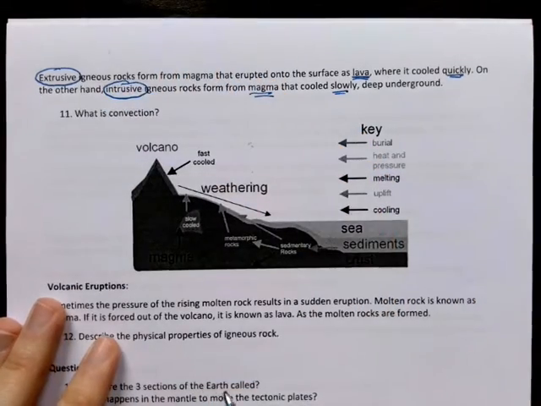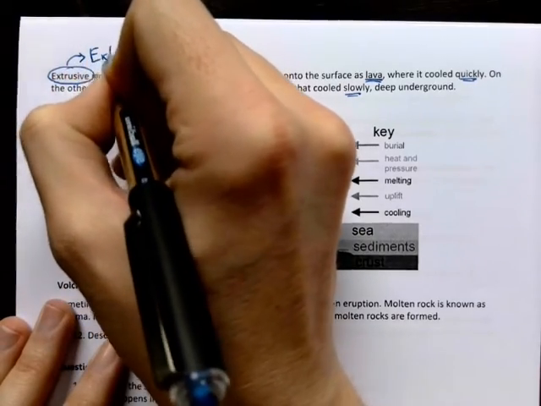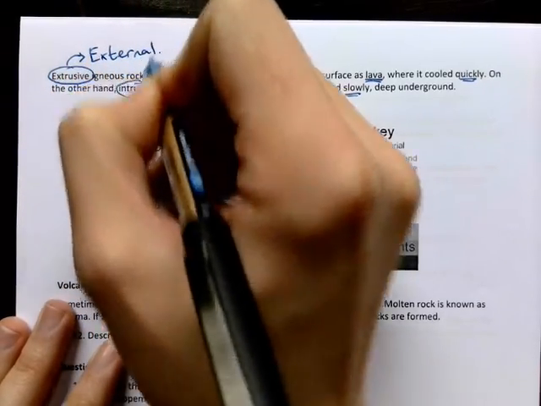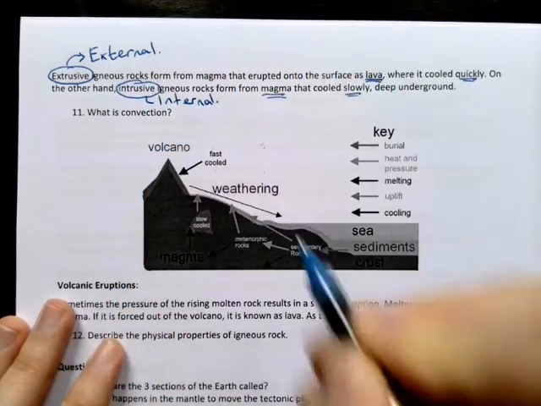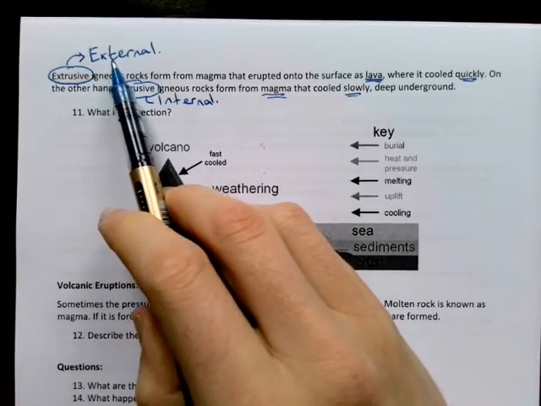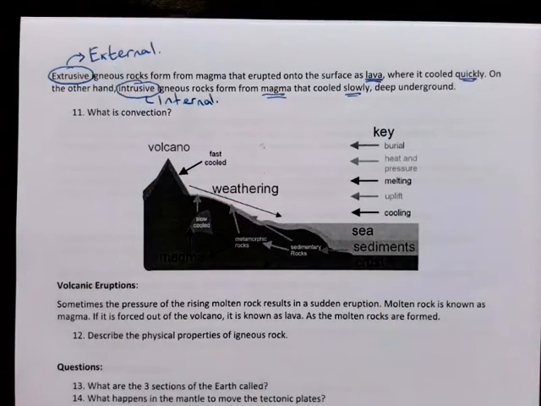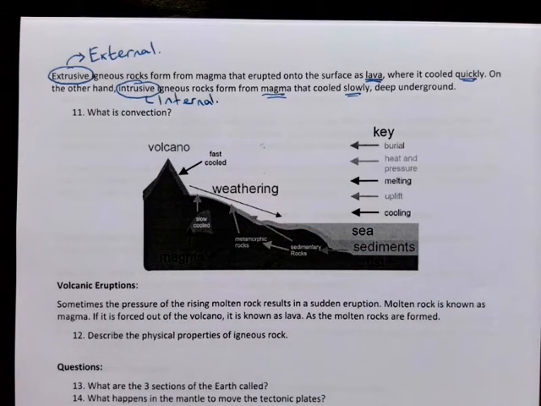And you can think of it as extrusive is external and intrusive is internal. Okay, so extrusive igneous rock is formed external to the Earth's surface. Intrusive igneous rock is formed internal to the Earth's surface.